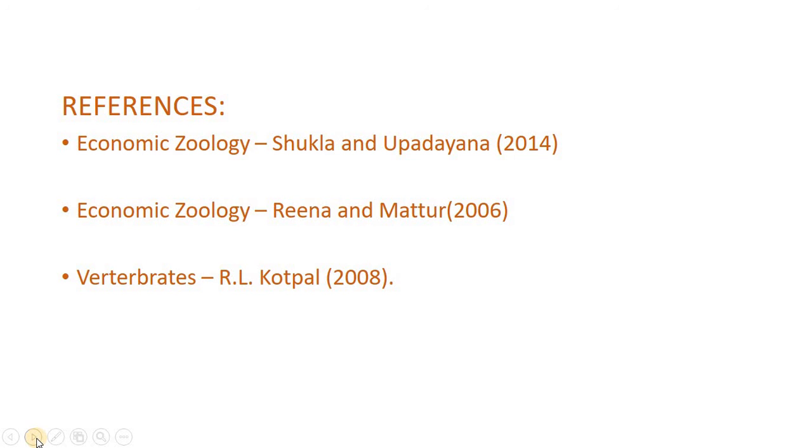So in a nutshell, we just discussed the poultry products, particularly the eggs and meat. And when you come to the byproducts, the excreta is one of the byproducts. The feathers are other byproducts. And the egg shell is another byproduct.